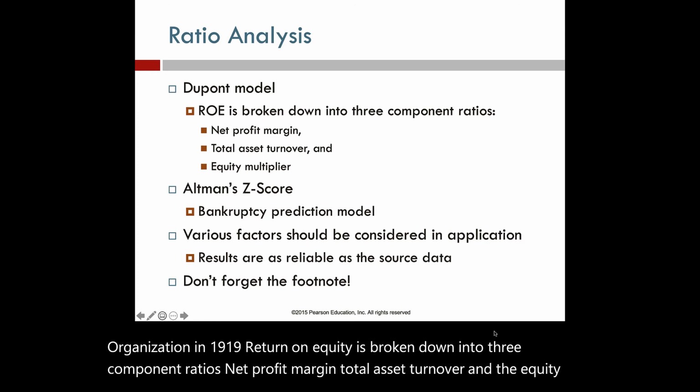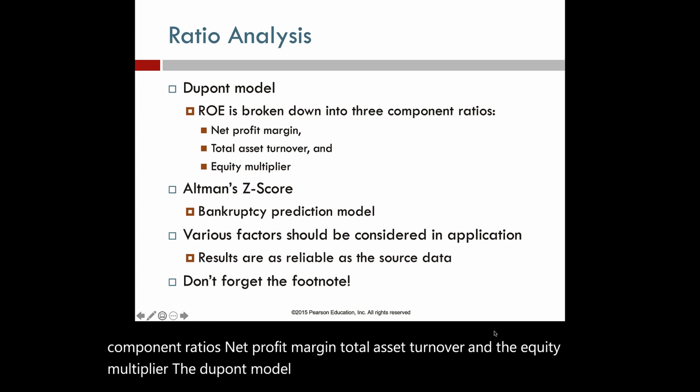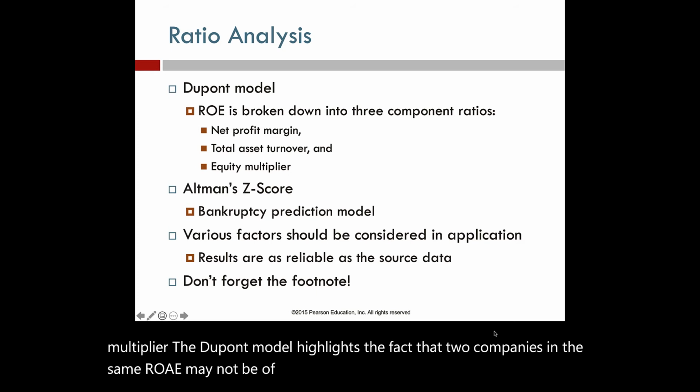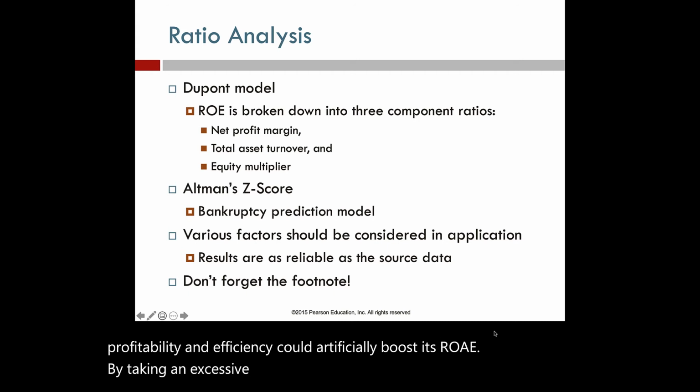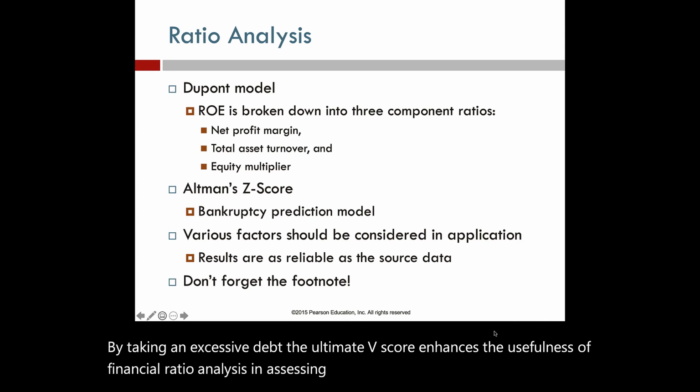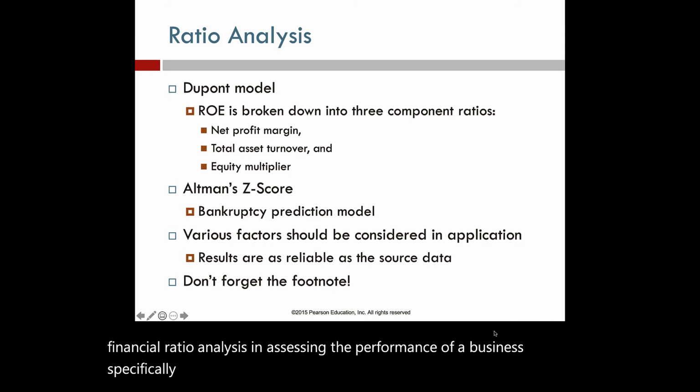The DuPont model highlights the fact that two companies with the same ROE may not be of equal quality. For example, a company with poor profitability and efficiency could artificially boost its ROE by taking on excessive debt. The Altman Z-score enhances the usefulness of financial ratio analysis in assessing the performance of a business, specifically its probability of experiencing financial distress.